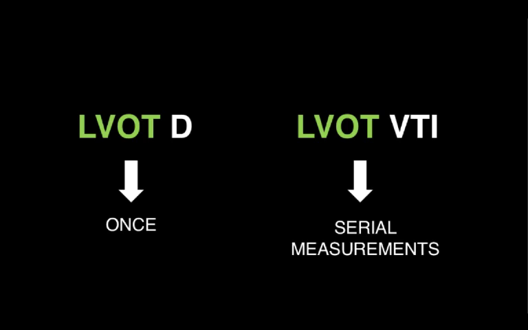And then you just do serial VTI measurements throughout the rest of your shift, throughout the rest of the period that you're dealing with this patient. That VTI basically will become a marker of cardiac output that you can trace and use to assess the response to your interventions.